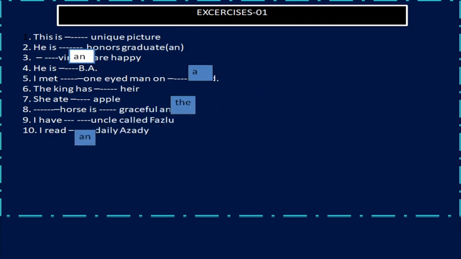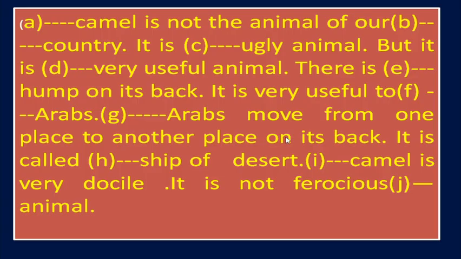Okay, this is a unique picture. He is honors graduate, right? He is BA. I met dash one-eyed man. Already we have known these rules. You have to apply these rules and put the appropriate article here. So in the exam question paper, you have to put this format in the passage based on the rules of articles that I have taught you.